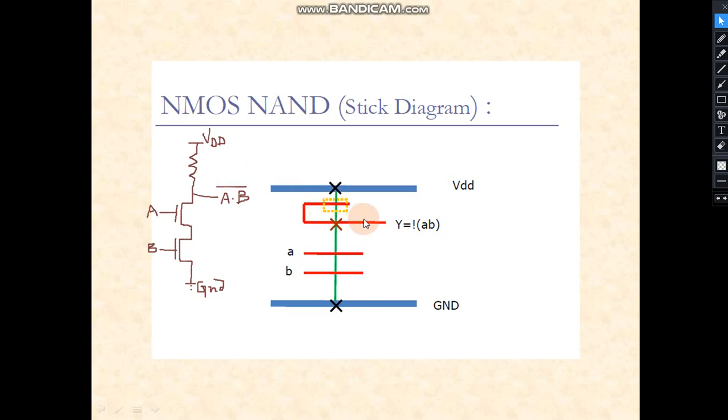For a depletion load we have to represent it with the yellow demarcation line, means a yellow dotted line.